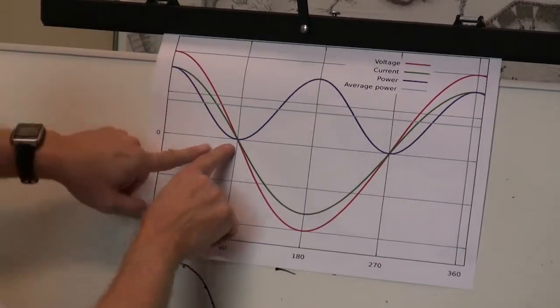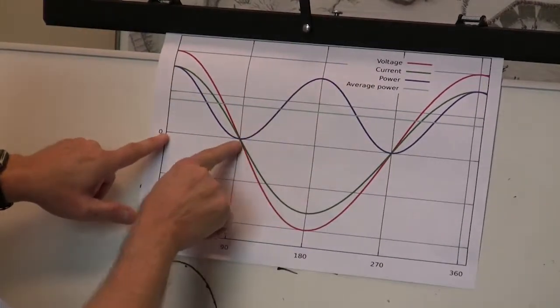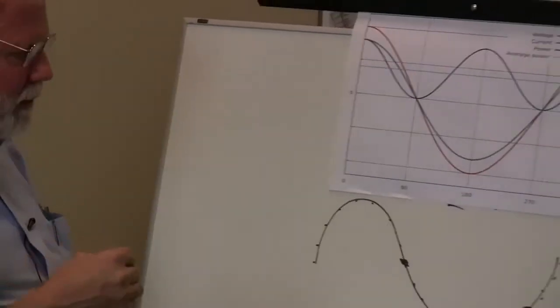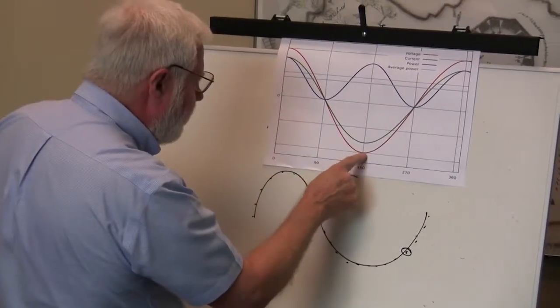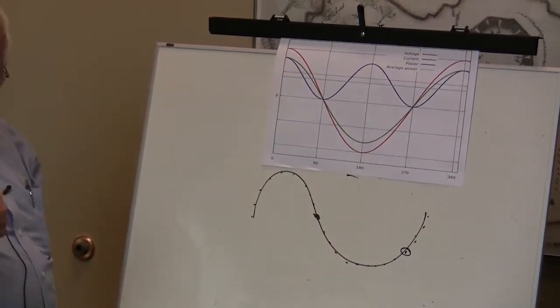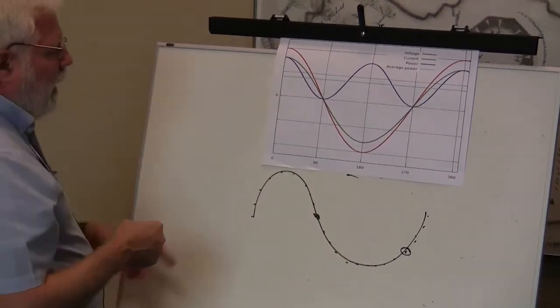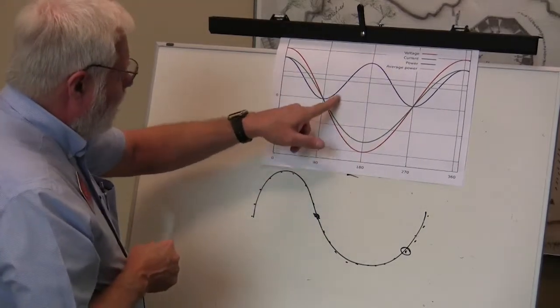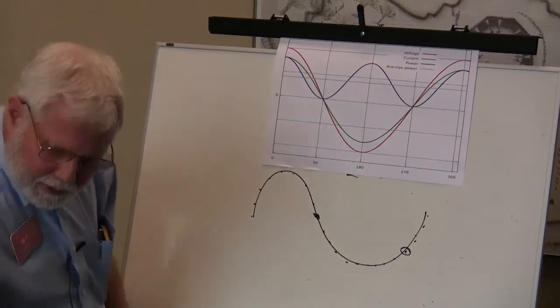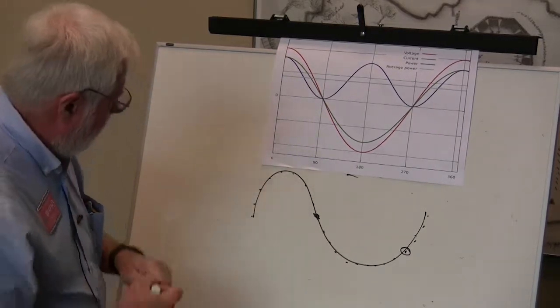We come down here and cross 0, where voltage is 0, and the current is also 0. There's nothing pushing electrons through the resistor. We come down here in the negative range, we have a negative voltage, the current's moving the opposite direction, but it's still moving through the resistor. Now up here, this dark blue line is the power curve.